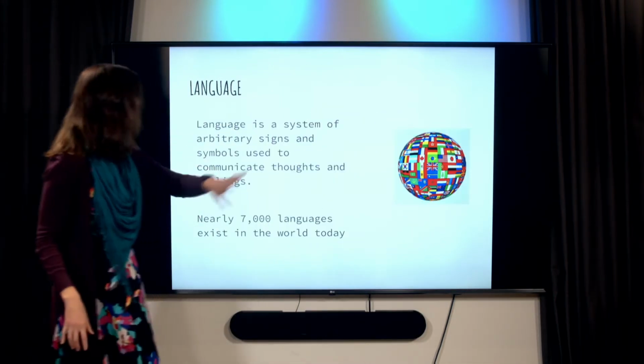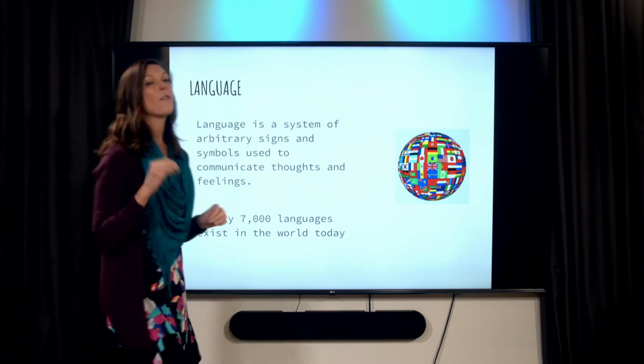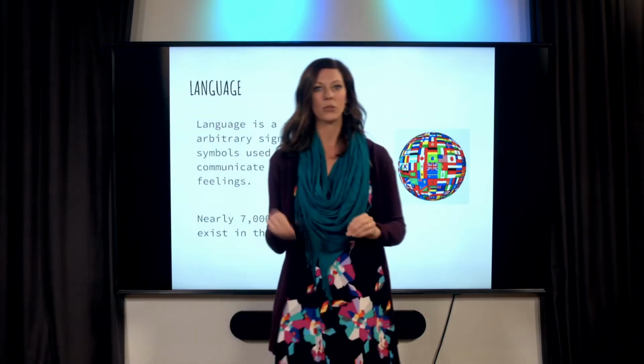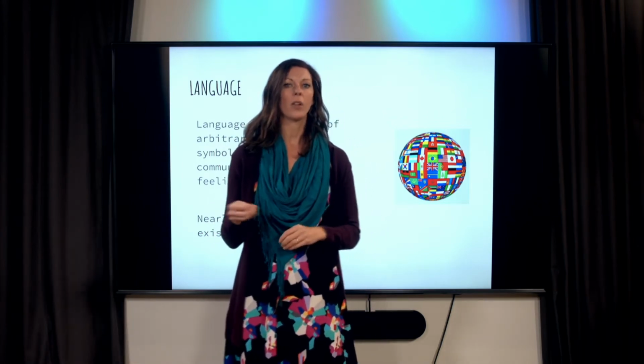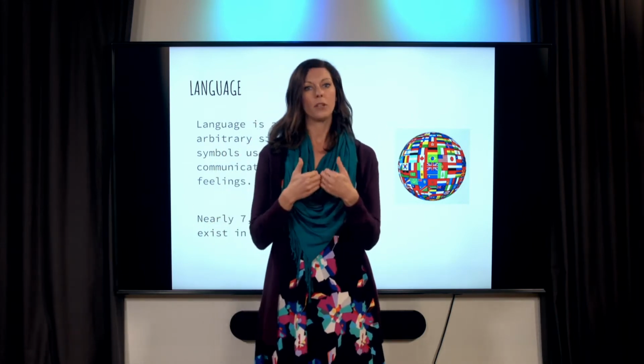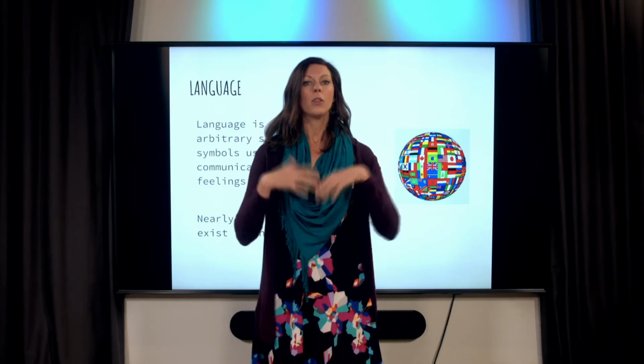So when we think about language, again, it's a system of arbitrary signs and symbols. We are the ones that put meaning into a language. We'll talk a little bit about how the word chair, C-H-A-I-R, we are the ones who have created meaning for that. Those combinations of letters really don't have any meaning outside of the meaning we assign.